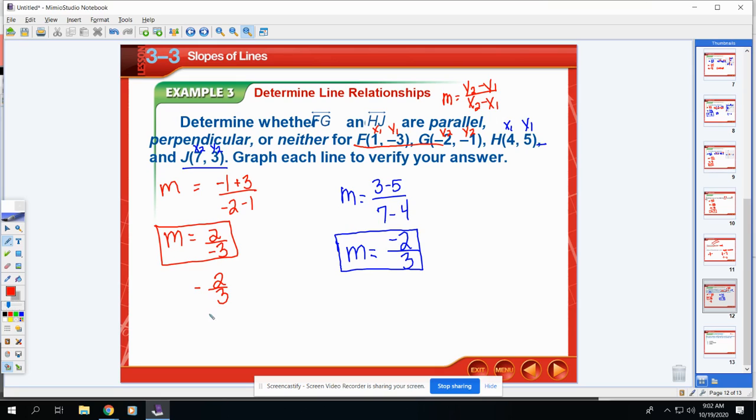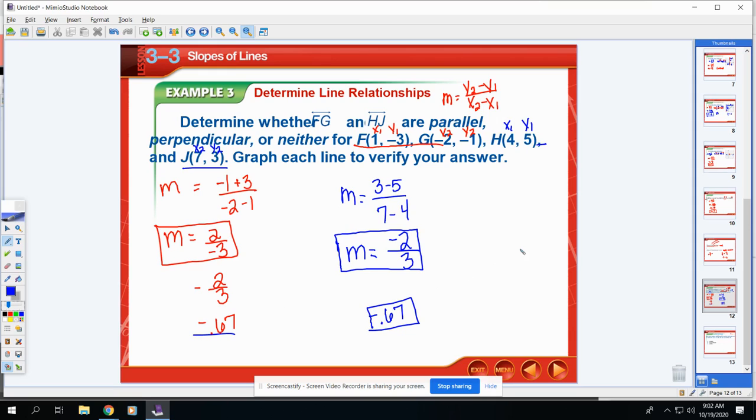Just like if we were to change this to a decimal, this would be -0.67. And same thing over here. If we wanted to change this to a decimal as well, this would still be -0.67, right? So just because one of the numerator or the denominator is negative doesn't mean that these are different. These are still, in fact, the same exact number.